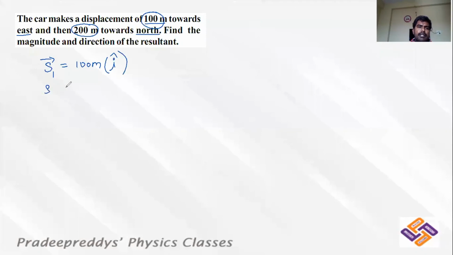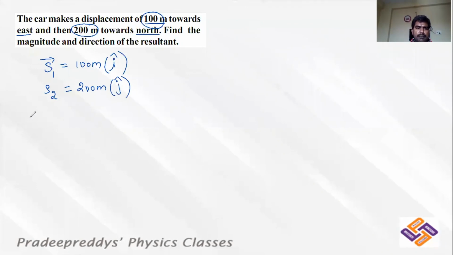That is S1. Next, S2. 200 meter towards north, it is j cap. South is minus j, north is plus j. So S1 and S2. Find the magnitude and direction of the resultant.